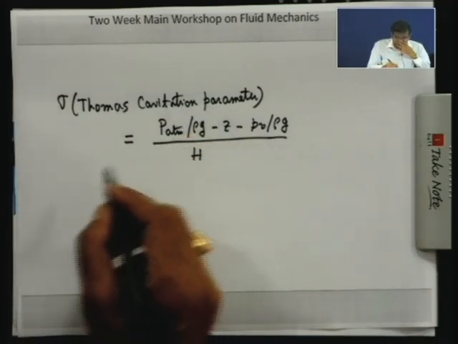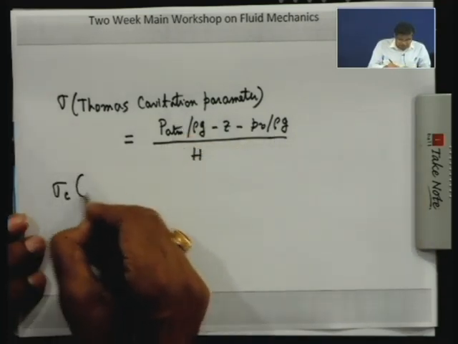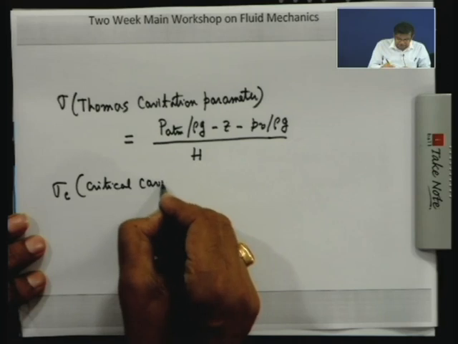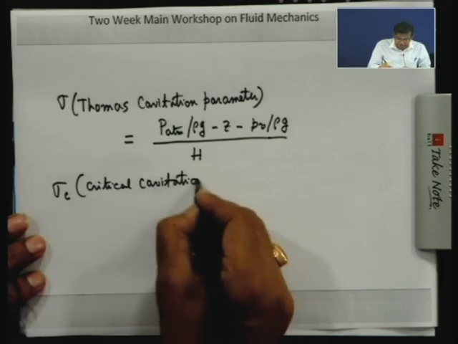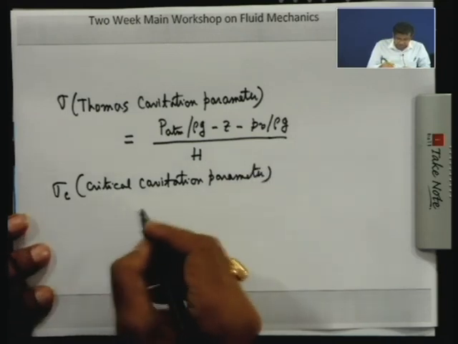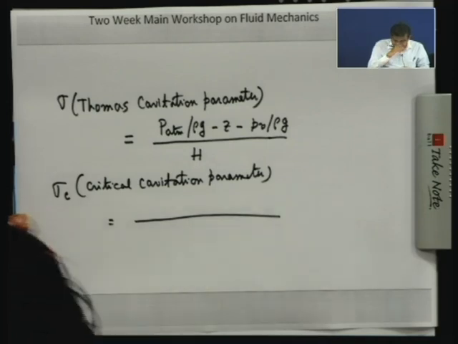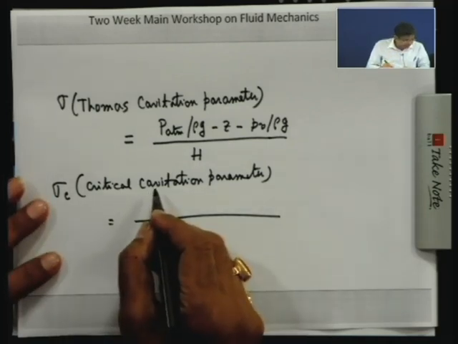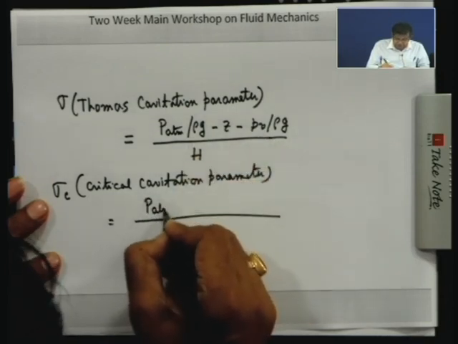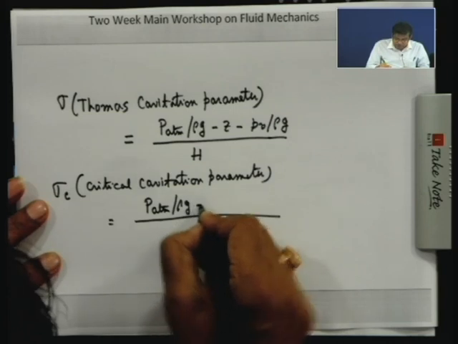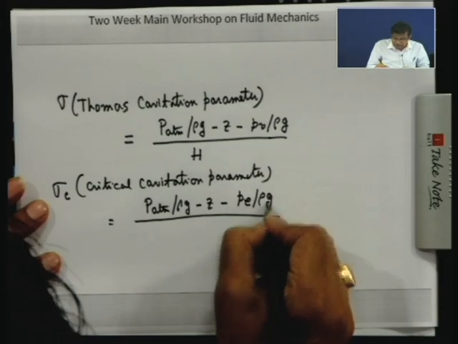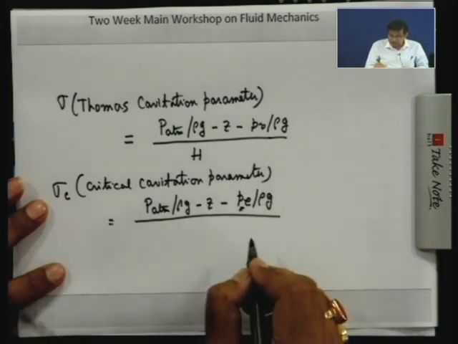How does it work in practice? A critical cavitation parameter is defined in practice, sigma c, which is defined in a similar way, but here, instead of PV by rho g, it has P atmospheric by rho g minus Z minus PE by rho g, that means the actual pressure at the outlet of the turbine.